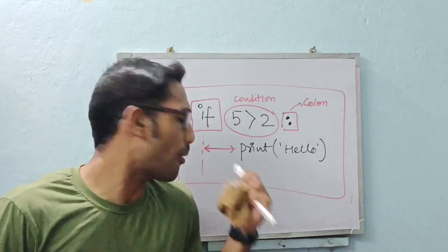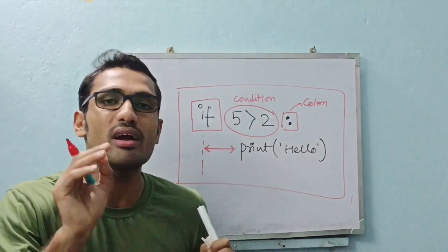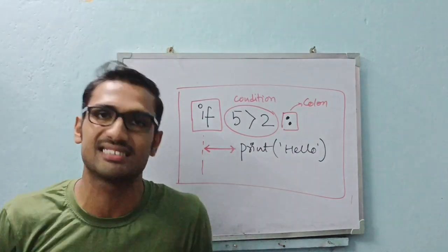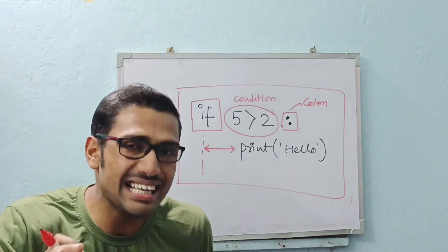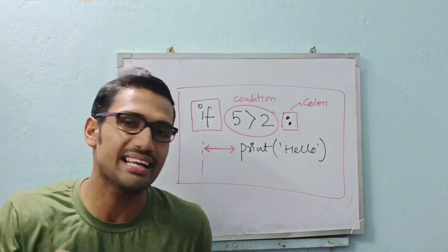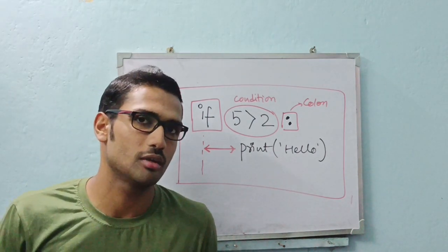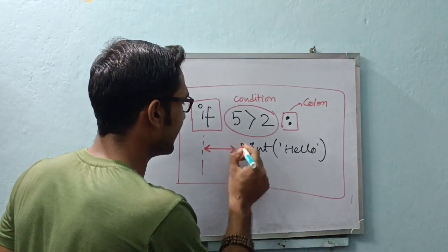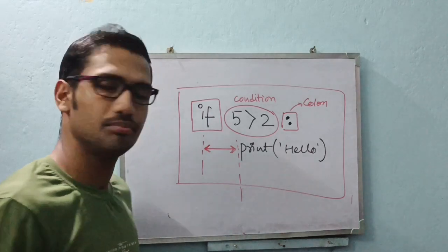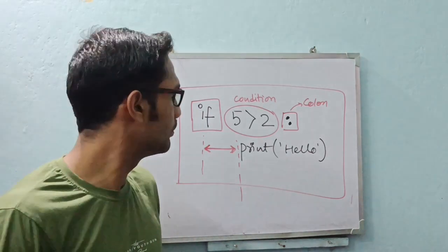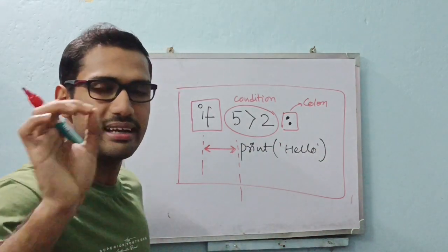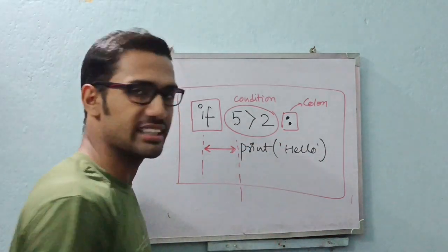But this particular point is quite important when you are going to write the same code on your notebook or on your answer script. Why? Because indentation plays a very vital role in Python. So you need to give an indentation here. Whatever you write here, all these statements need to be on the same indentation.